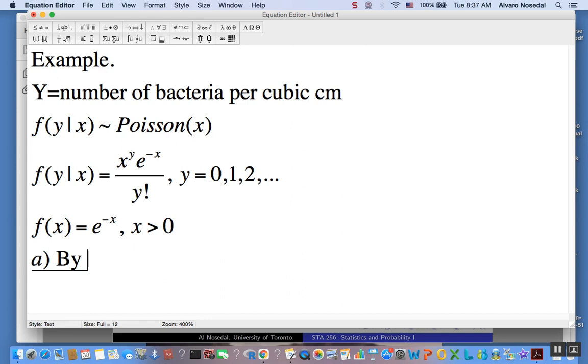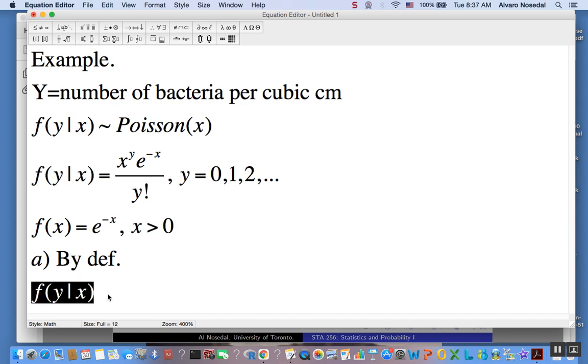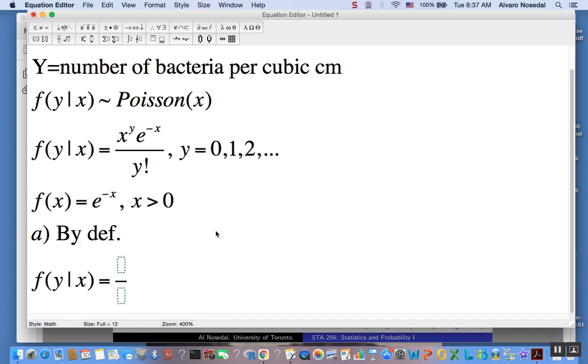by definition, the conditional PDF is just the joint divided by one marginal. So in this case, it would be the joint of x and y divided by the marginal of x, right?